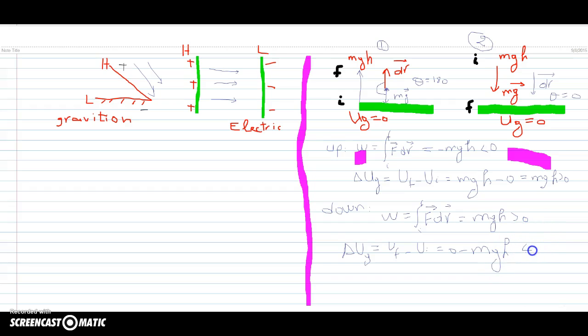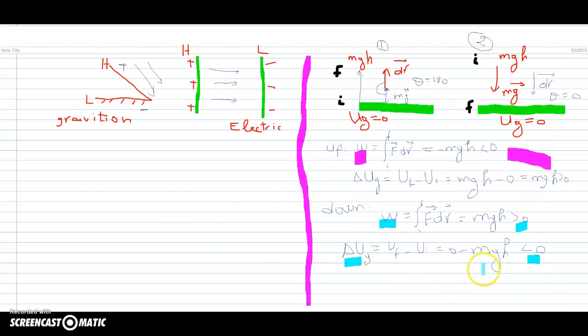So notice this is negative. So again, what is the point here? So when the work is positive, the change in potential energy is negative. And in the previous case, the opposite.